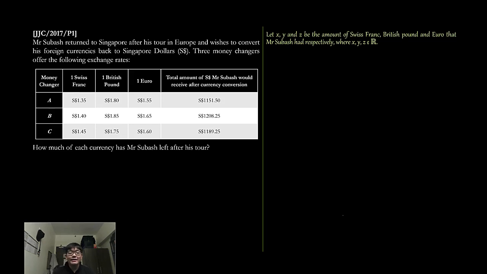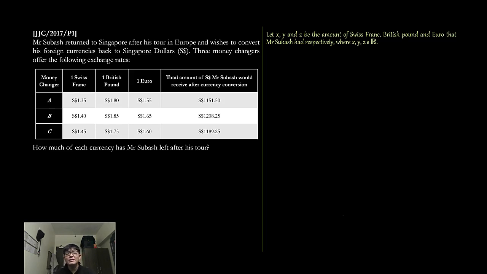Let me just use money changer A. If I have 1 Swiss franc, then money changer A will give me $1.35 Singapore dollars. If I have 2 Swiss francs, then you just multiply $1.35 by 2. If I have x amount of Swiss francs, then money changer A will have to give me $1.35 multiplied by x.